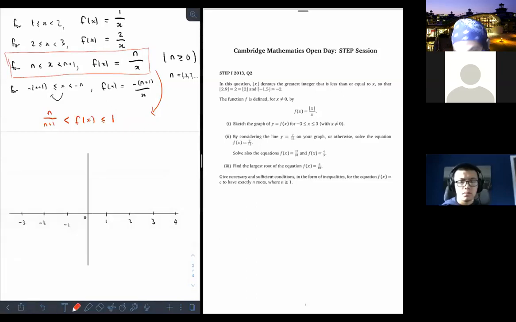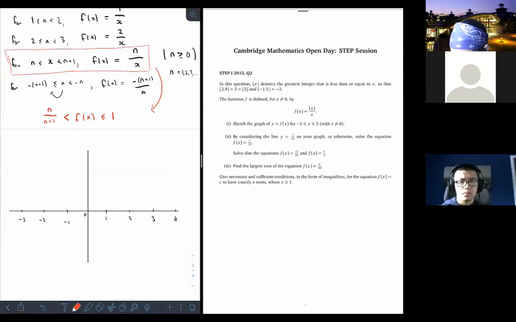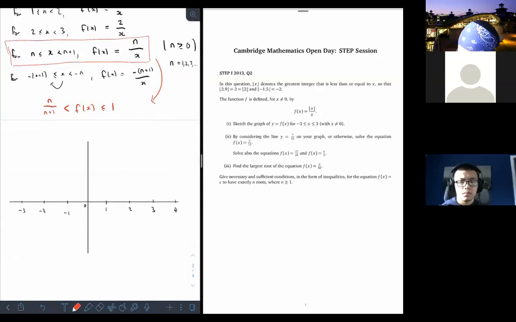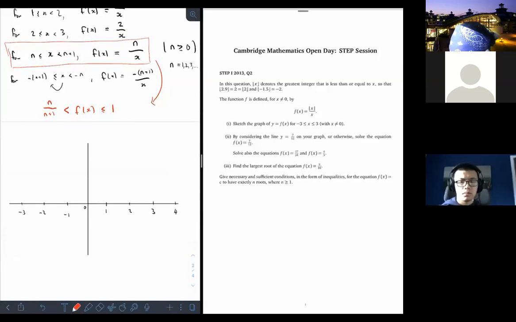So for between 0 and 1, we had that f of x is always equal to 0. So I can draw that in as a red line. I'm equal to 0 here, but at 1, I'm not equal to 0, and I jump, and I'm actually equal to 1. So I can do a hollow circle, and then a full circle up here at 1.